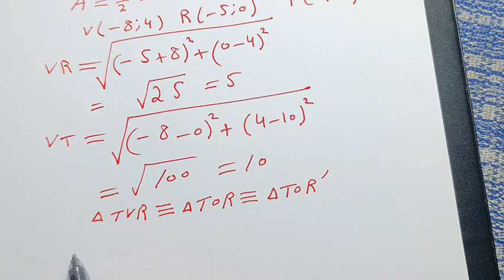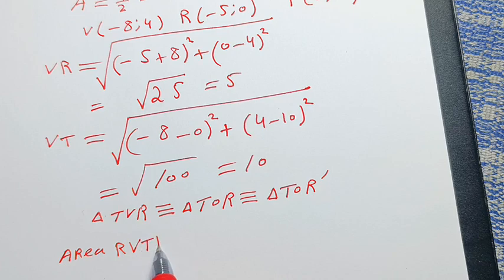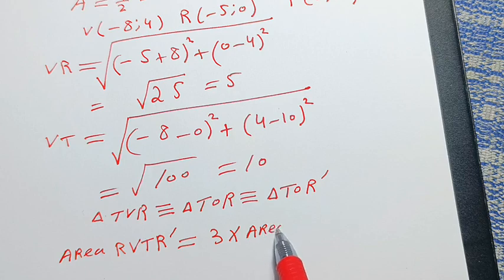So I need to find the area of RVTR prime. So I'm going to use three triangles multiply the area of one of these triangles. Why? Because they're all similar. So I say triangle TOR, any triangle you can take.